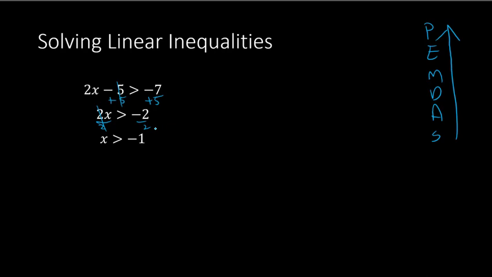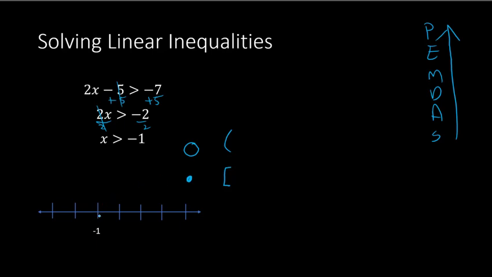Now for any inequality, we can also graph, and here we see our number line, and here is the number negative 1. You've learned in the past that we can graph with an open circle or a closed circle at the different number, and then just shade in right or left. We can also do this another way, where instead of an open circle or a closed circle, we use a parenthesis like that, or a bracket like that.